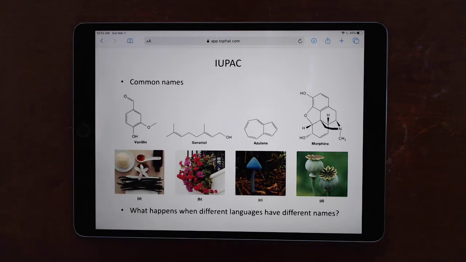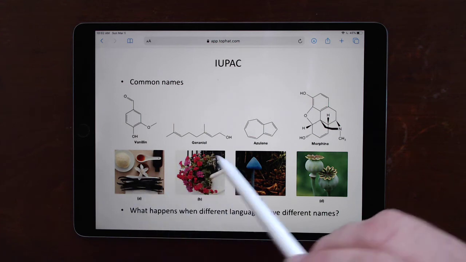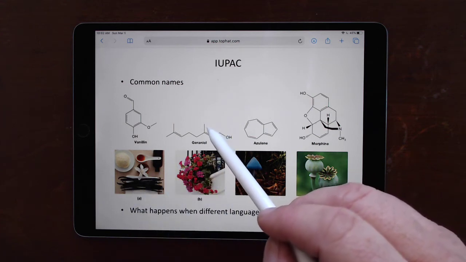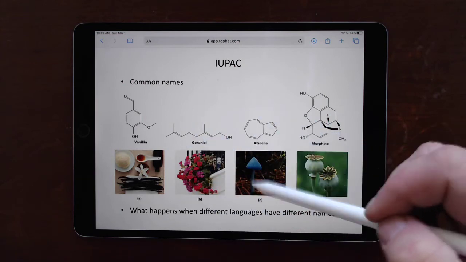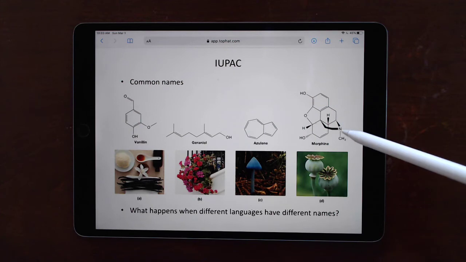Stuff like that. And so when we talk about these, we're going to be talking about what's called the IUPAC naming. So one of the problems originally with a lot of the compounds is that you have these common names. So vanillin, which is used in the flavoring for vanilla, geraniol, which is from geraniums, azulene, which is the blue color in these mushrooms, as well as morphine from the opium poppy.